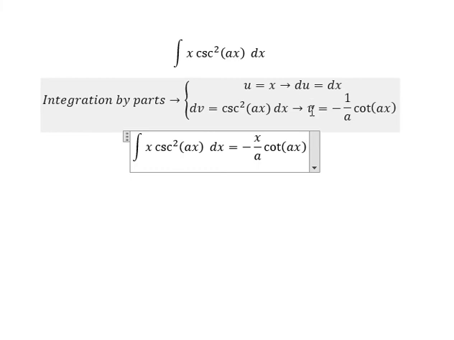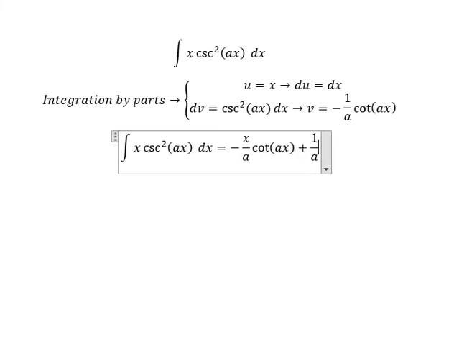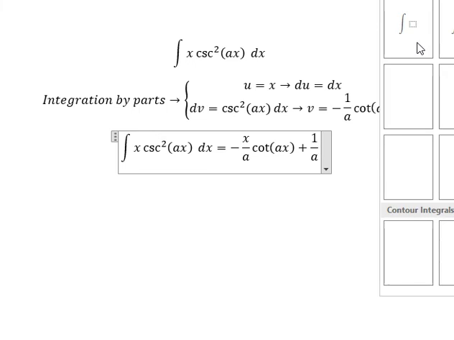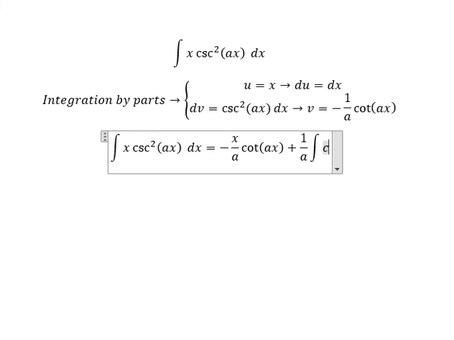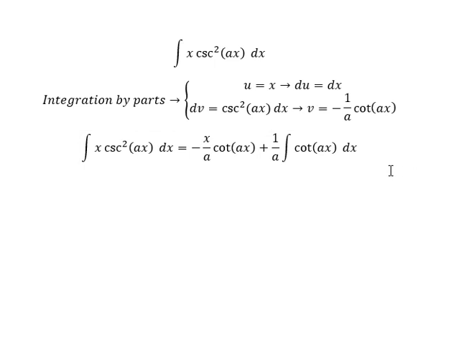Du multiplied by v, but we have the negative here and we have another negative here, so you get positive 1 over a, and we have the integration of cosine as ds.